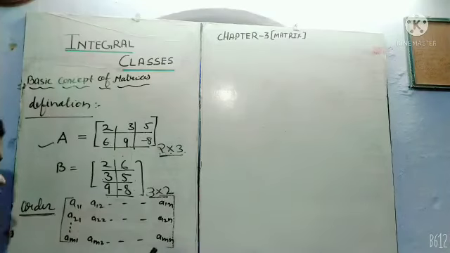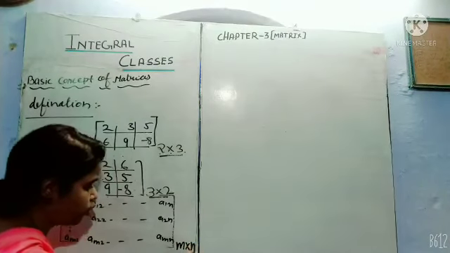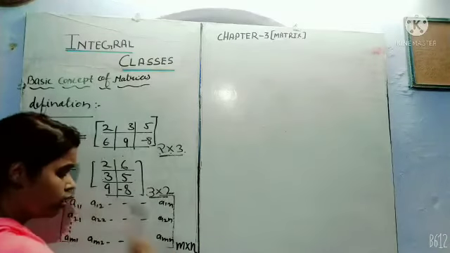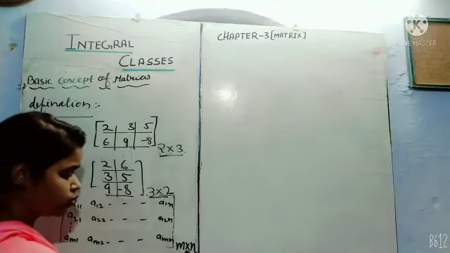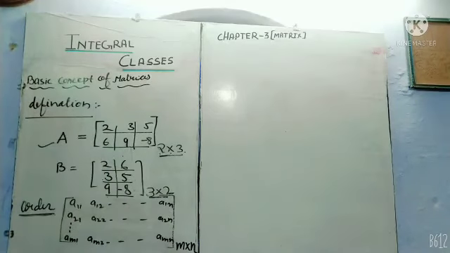So what is the order of this matrix? The order is m into n. Always write first the number of rows, then cross the number of columns. This is called the order of a matrix.